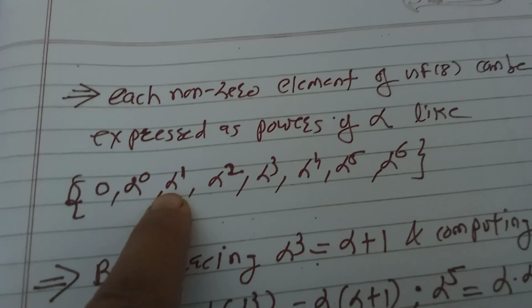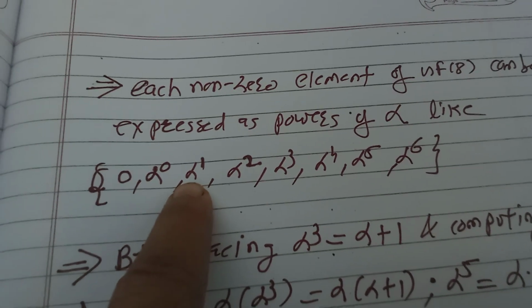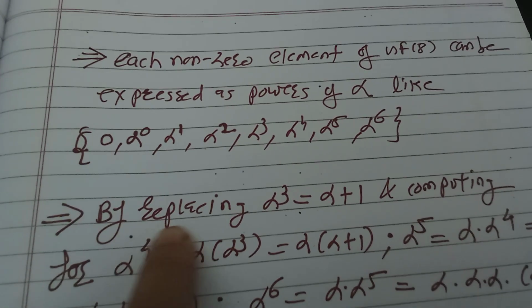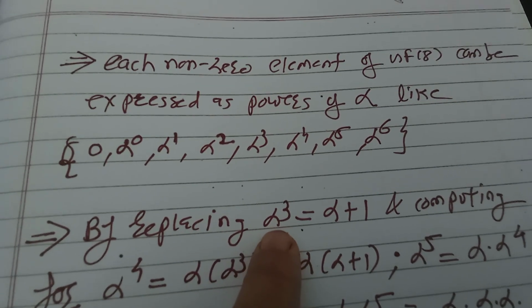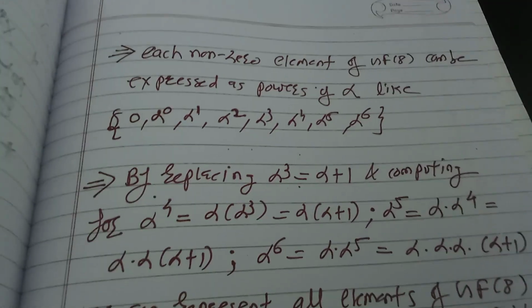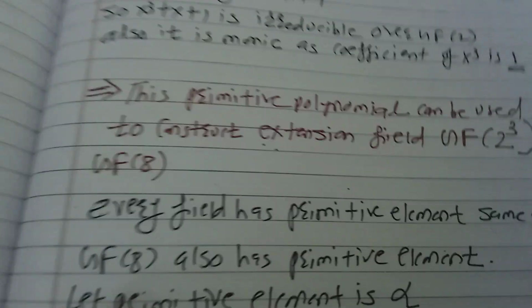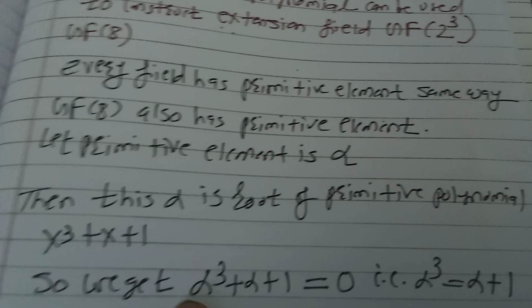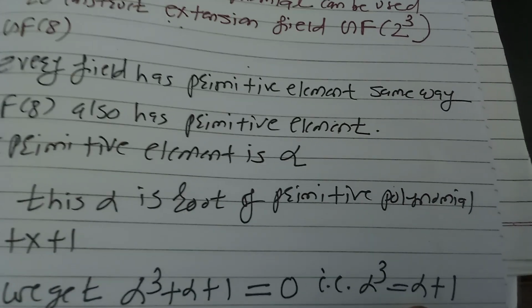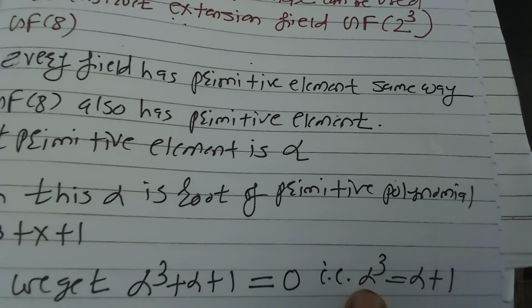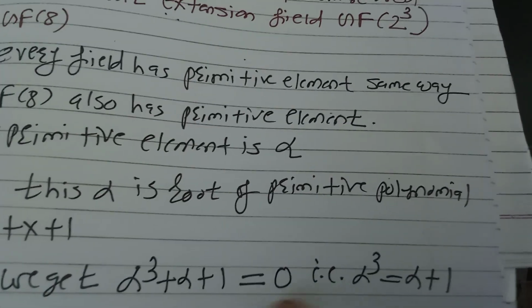Now this alpha is the root of the primitive polynomial. So we know that the primitive polynomial is x cube plus x plus 1. So alpha in x cube plus x plus 1 gives alpha cube plus alpha plus 1. So alpha cube we get as alpha plus 1, because alpha cube is equal to minus alpha minus 1.